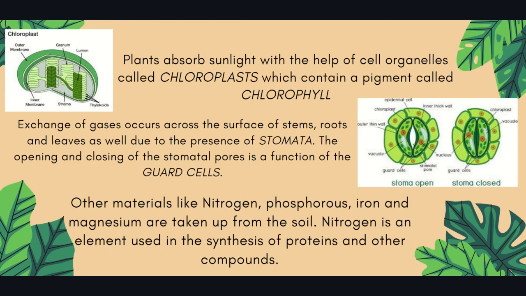And how does the exchange of gases and water, that is transpiration, take place? Through the help of stomata or stomatal pores. The opening and closing of the stomatal pores is a function of guard cells. Guard cells are basically two kidney-shaped cells which surround the stomata.